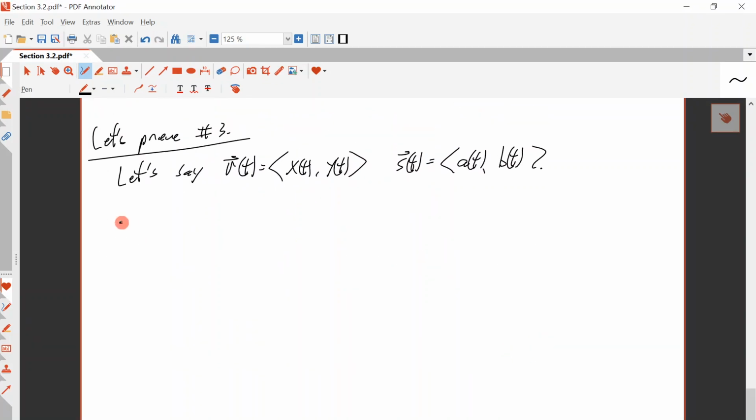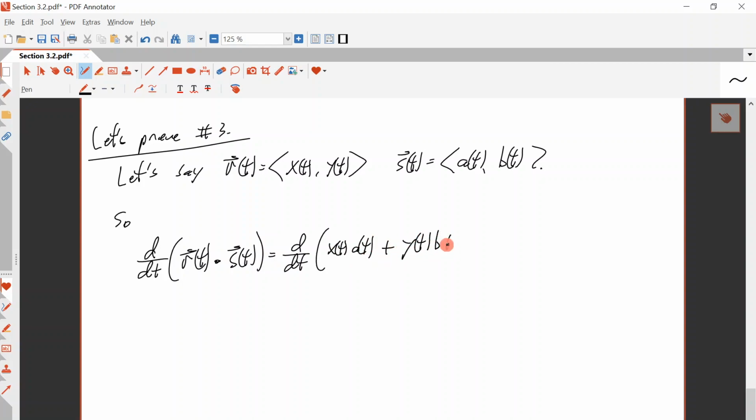Right? So the derivative with respect to t of r of t dot s of t is the derivative with respect to t of, now what's the dot product? It's x(t)a(t) plus y(t)b(t), right? That's the dot product.